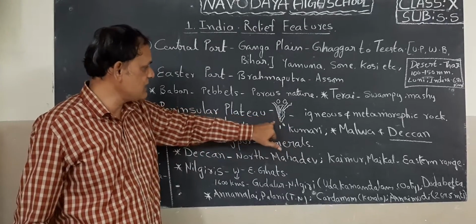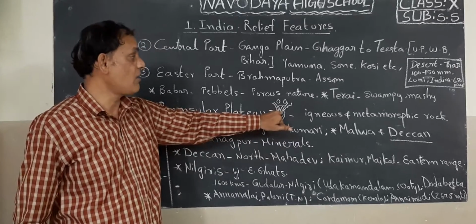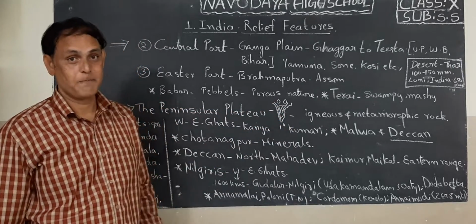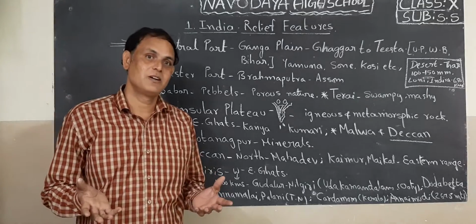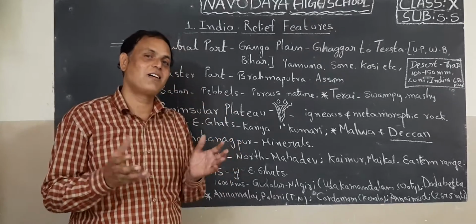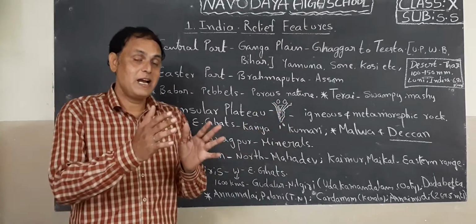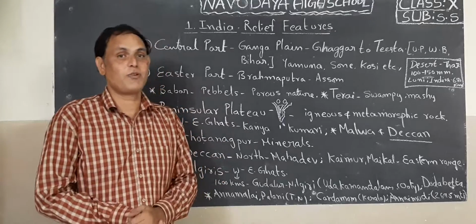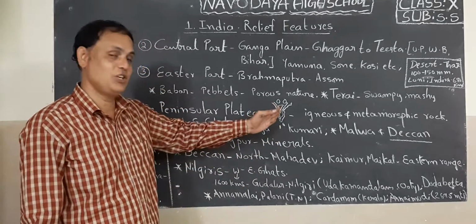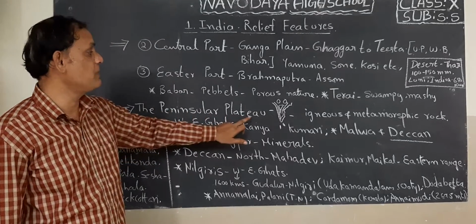So that's why it is called peninsular. An island means a land covered by water on all sides. Peninsular means a land covered by water on three sides, for example our South India. That is why this is the peninsular plateau.